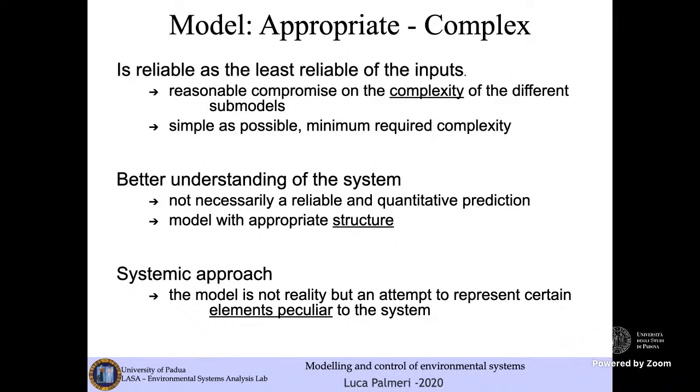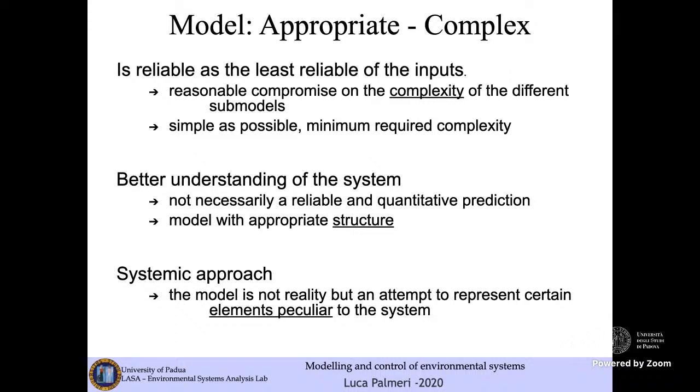It is a matter of finding a reasonable compromise on the complexity of the different models. So it is a reasonable compromise between adding and taking away some aspects of the system, or adding and taking away some interactions between different actors of the systems, and so on.